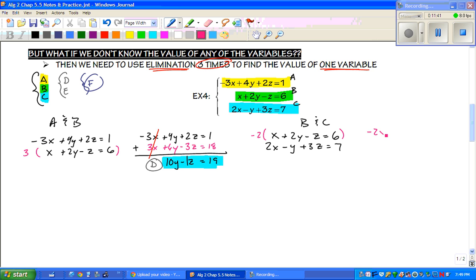Then we get negative 2x minus 4y plus 2z equals 12. And the bottom equation stayed the same, equals 7. Once again, the x's cancel, and we get negative 5y plus 5z equals 19.